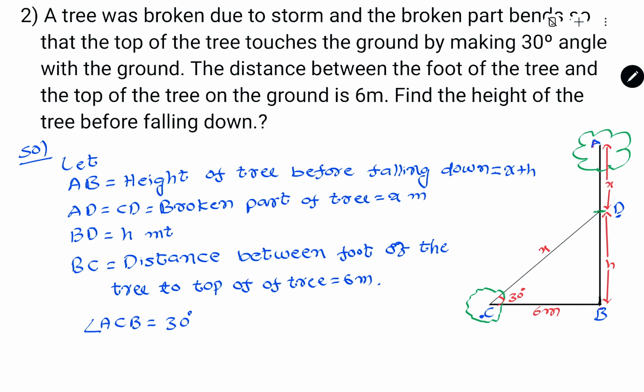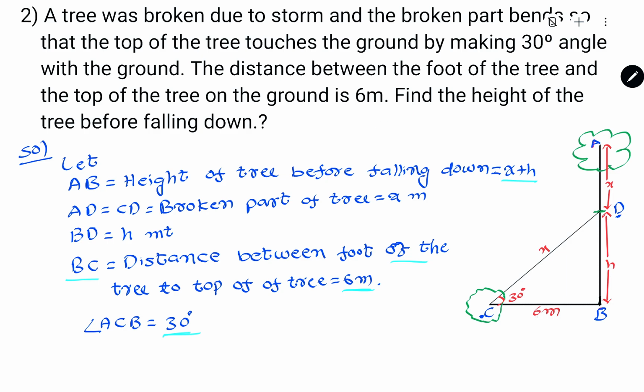We need to find x plus h. AD is equal to CD, the broken part of the tree. We assume it is x meters, and the height of the tree after falling down is h meters. BC is the distance between the foot of the tree and the top of the tree, 6 meters. Angle ACB is equal to 30 degrees.